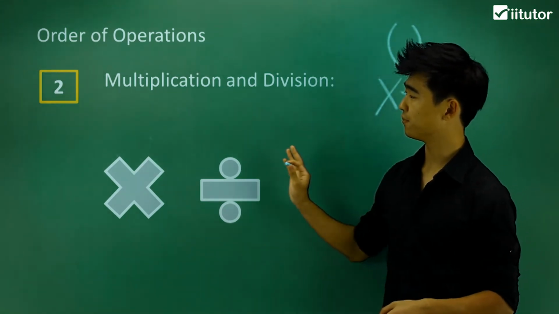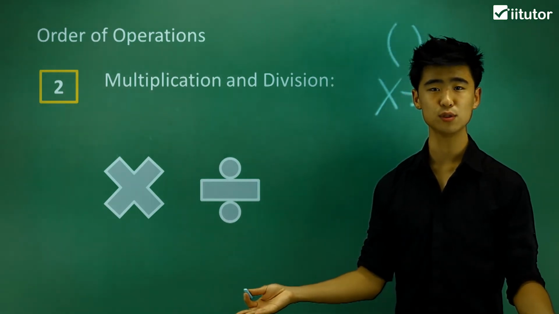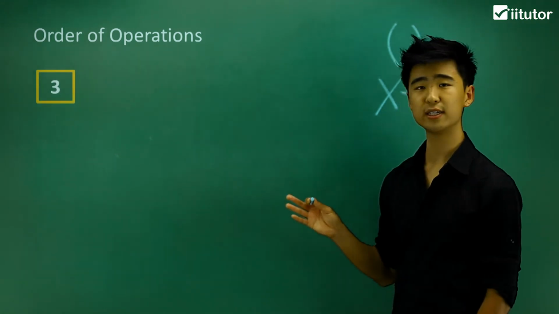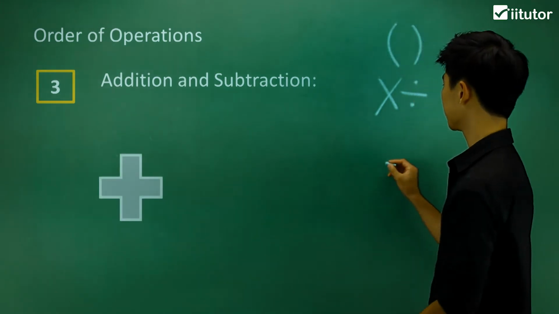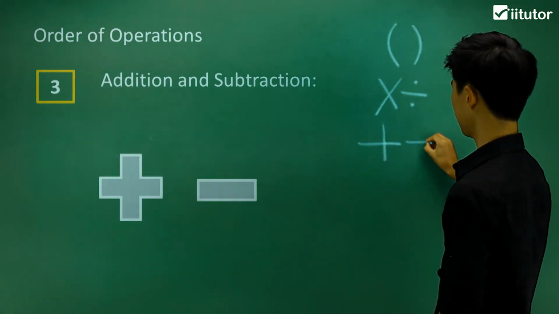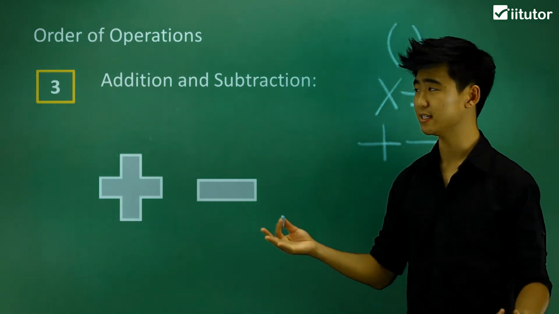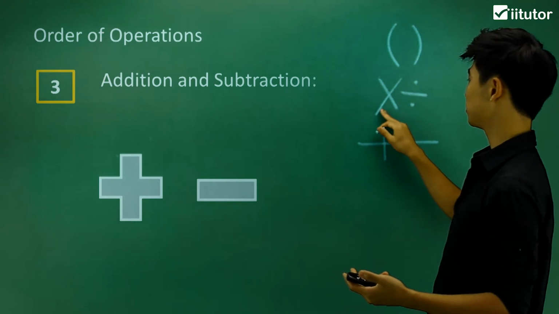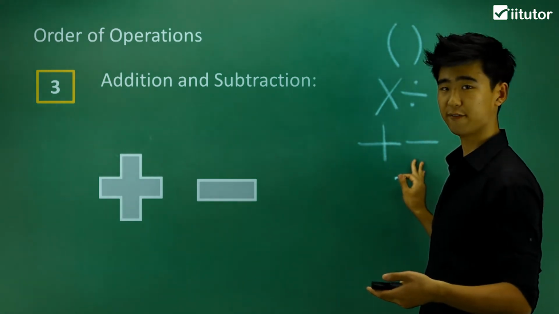So after we do all the multiplication and all the divisions that's available, we're going to move on to number 3, which is addition and subtraction. So that's what's left. Let's write that up. I'm just going to write a plus and a minus sign. So this is pretty much our order of operations: brackets, multiplication, division, and then addition and subtraction after that.